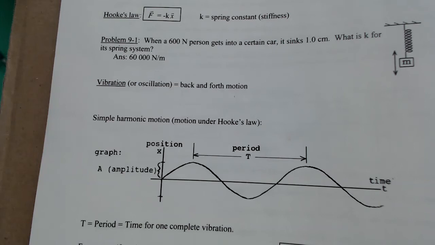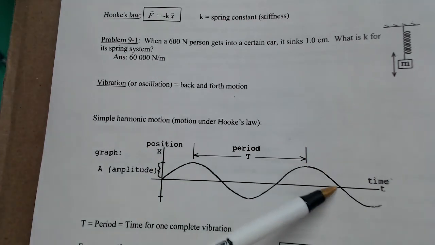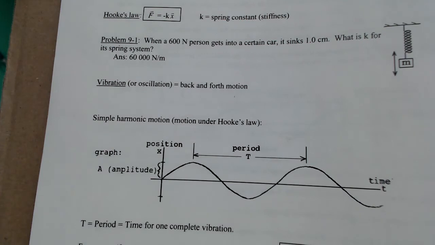A simple pendulum, for example, is not a harmonic oscillator, except it is close enough if you keep the amplitude really small. But if you pull a pendulum way off to the side, it's a nonlinear restoring force, which means that when you draw this graph, it's not shaped quite the same way as a sine wave.